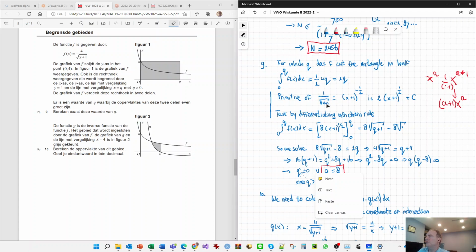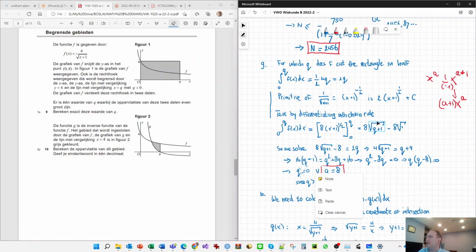Okay, so now we found the primitive, and we take it between q and 0. Let's see. Yeah, so don't forget about the factor 4 here. So you get 4 times 2, which is 8.